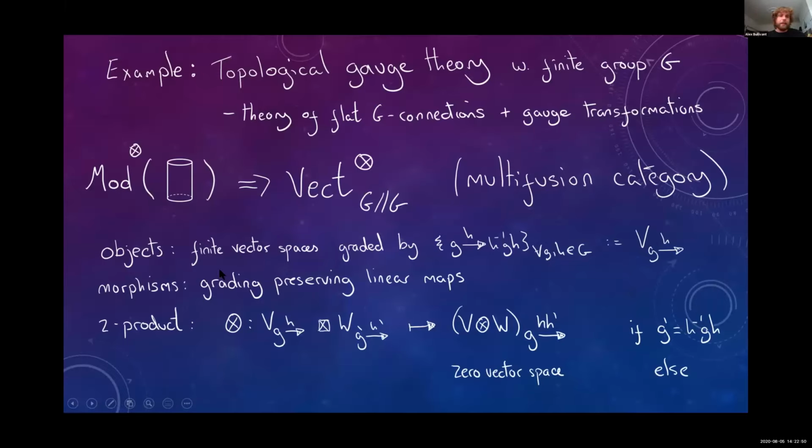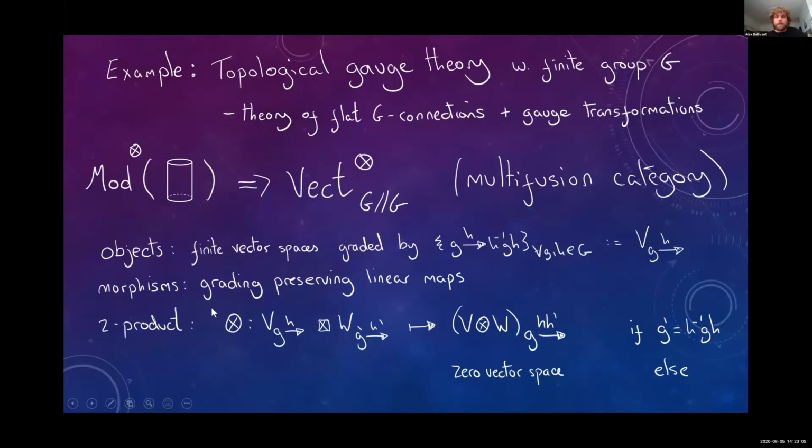And in particular, the objects of this category are given by finite dimensional vector spaces graded by a set of elements that look like this, which are actually the morphisms in the conjugation groupoid. And so we think about it as a vector space with a subscript.